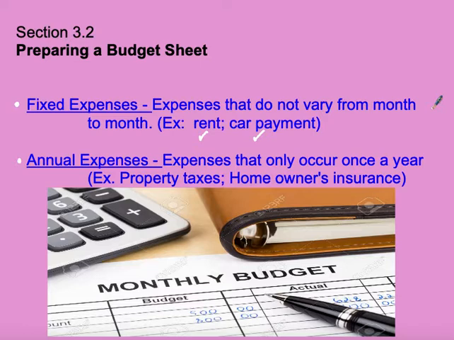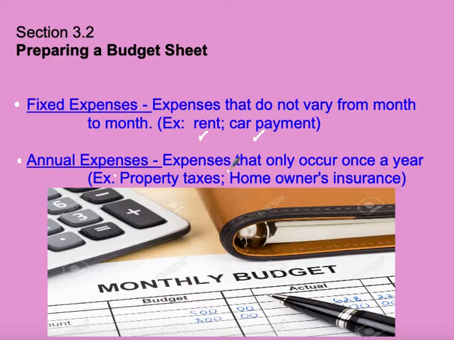In your monthly budget, you'll also have what are annual expenses. Now, these things might sound more appealing because they don't look like they show up in your monthly payments, but you need to budget for them. So these are things like your property taxes that you only pay once or twice a year, your homeowner's insurance that you only pay once a year.